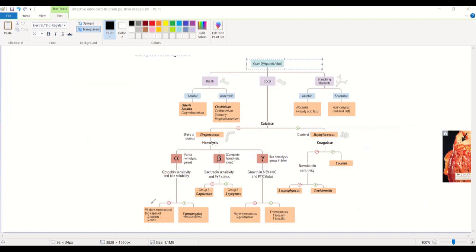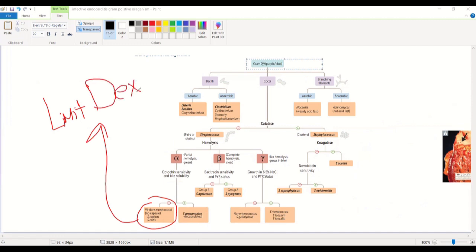So this viridans streptococci has dextran, right? Yes. This dextran, a carbohydrate, is responsible for this infective endocarditis. Infective endocarditis commonly means bacterial endocarditis, right? Okay. So this is very important in case of bacterial endocarditis.